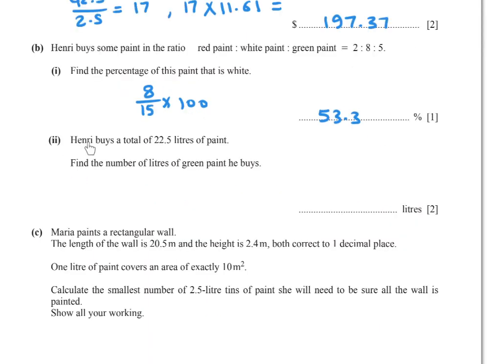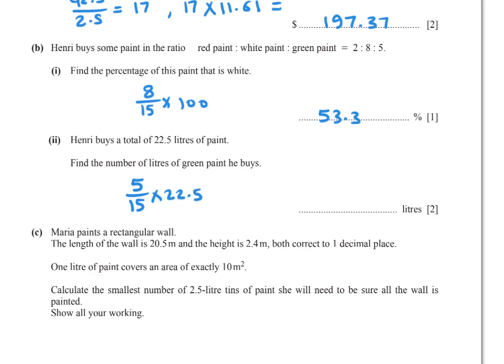Double I. Henry buys a total of 22.5 liters of paint. Find the number of liters of green paint he buys. For green we have 5 parts and we have 15 parts in all. So 5 over 15 times 22.5.